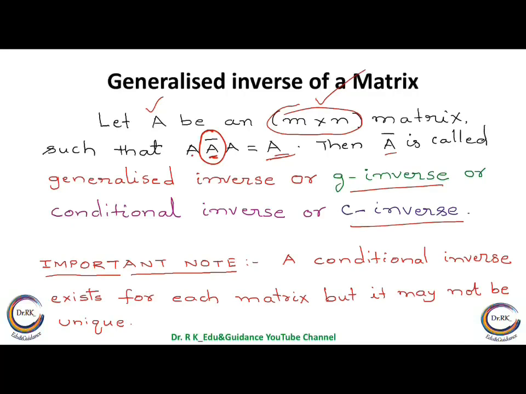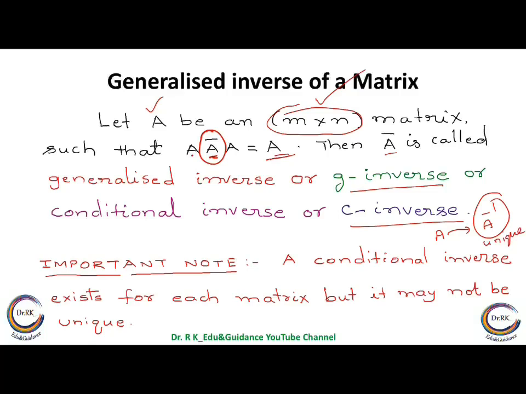It is a very important note, because in general we know in a regular discussion, whenever the inverse for a matrix A exists, it is unique. It should not be different, right, for different people, different methods.